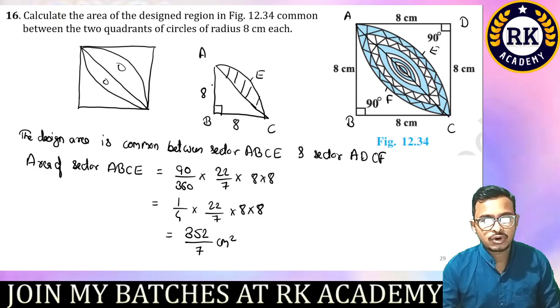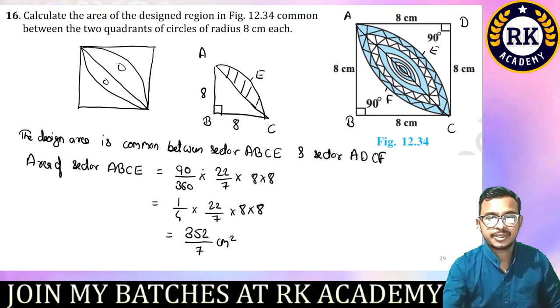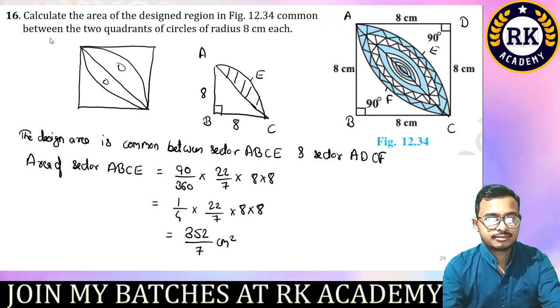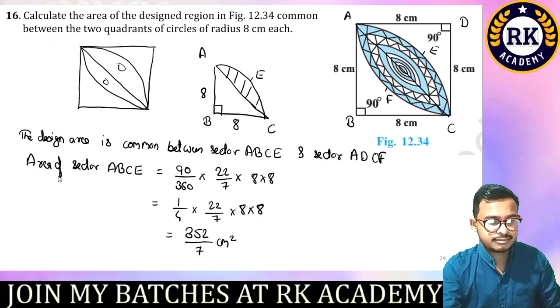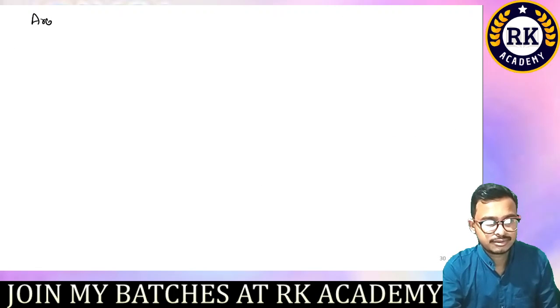Now from this part, what you have to remove? You have to remove the area of the triangle part. So you will find the area of triangle BAC next. Let's take the area of this triangle ABC. So let us find the area of triangle ABC.